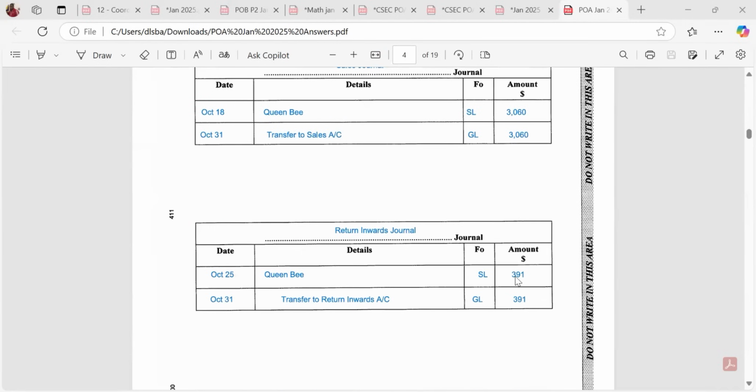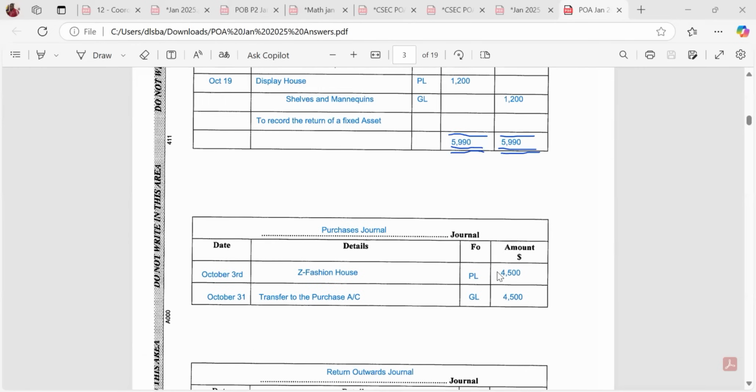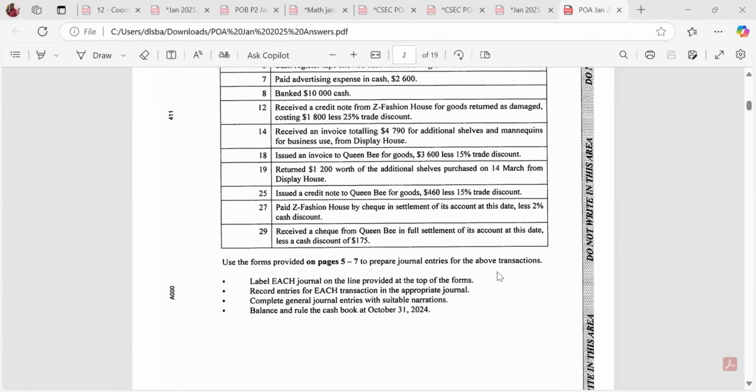Which is what we did, and that's how we got 391. PL. Right? You had to purchase something to be able to return it. Return inwards is SL. Well, we had to sell something for them to be able to return to us.